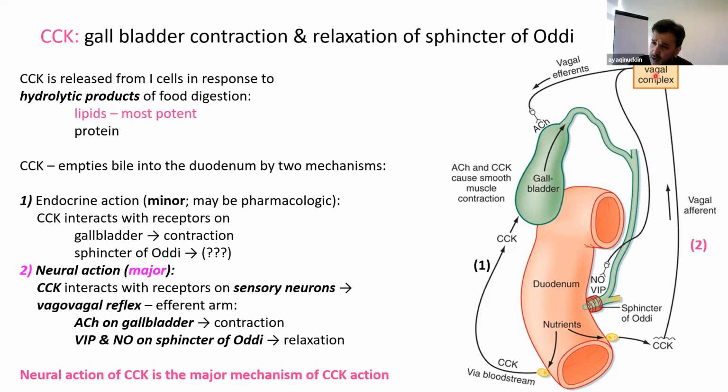The contraction of the gallbladder is by the action of acetylcholine release, which causes contraction of the gallbladder muscles, while the relaxation of the sphincter of Oddi occurs because of the neurotransmitters released by the vagal nerve, which are nitric oxide and the vasoactive intestinal peptide.